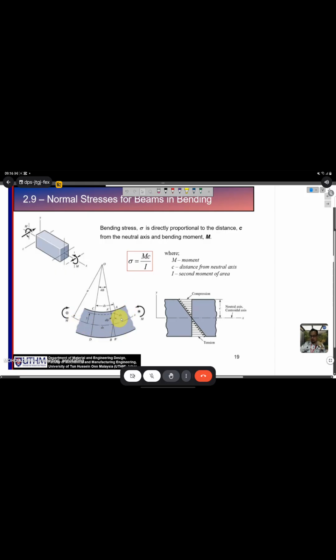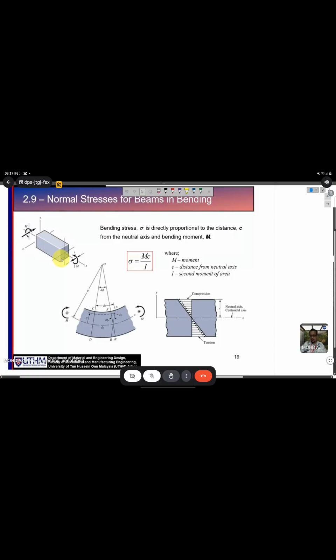Mostly it will be at the center of the beam. So C will be half of the diameter, or half of the height of this one. And I is the second moment of area. It depends on the shape of the beam, whether it is rectangle or circular.